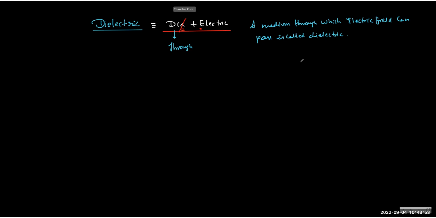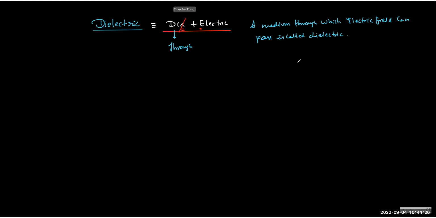The dielectric is basically a medium through which electric field can pass, in contrast with the conductor, in which electric field cannot pass. When I say conductor, we know inherently that electric field cannot pass, so it is not a dielectric, it is a conductor. And a dielectric is not a conductor, which means it is an insulator. The property of an insulator is that it will let the electric field pass through it.